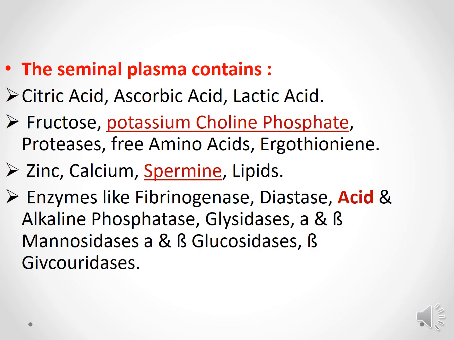The seminal plasma contains substances such as citric acid, potassium, choline, phosphate, spermine, zinc, calcium, and enzymes such as fibrinogenase and other enzymes.